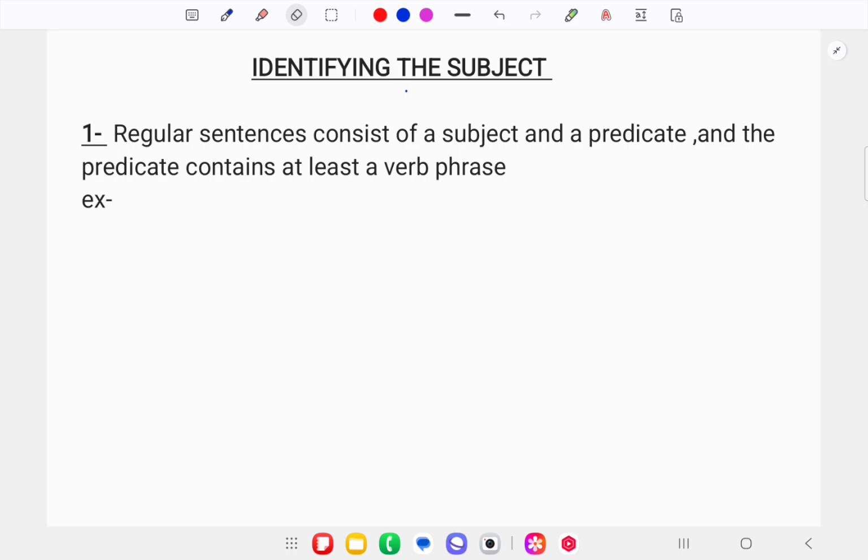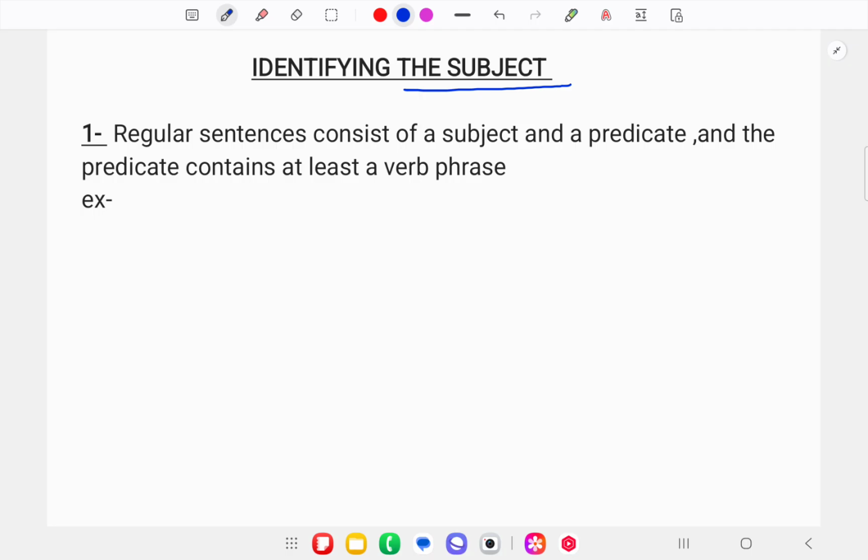So at first we should know what a subject is. There is a simple definition: a subject is a part of a sentence that performs an action.